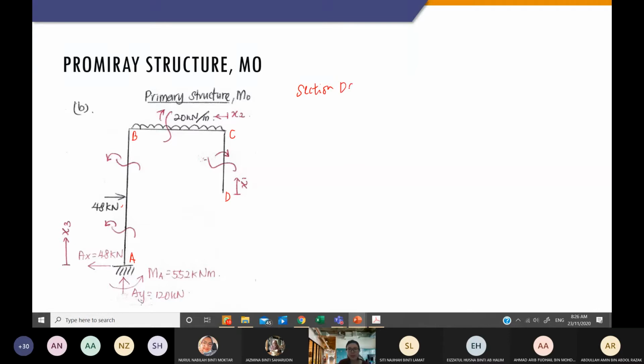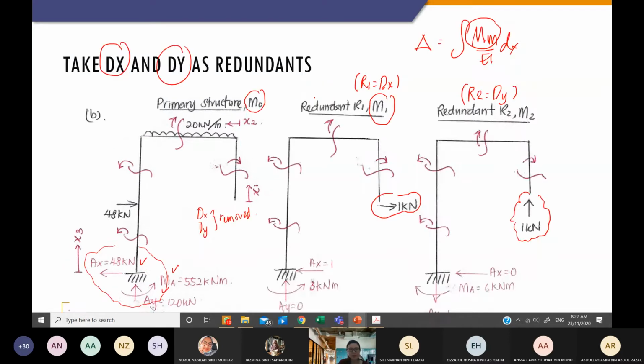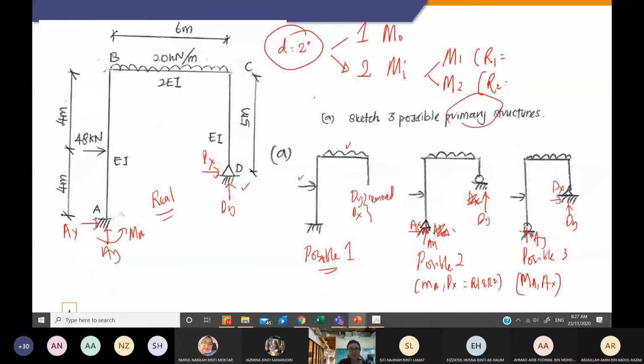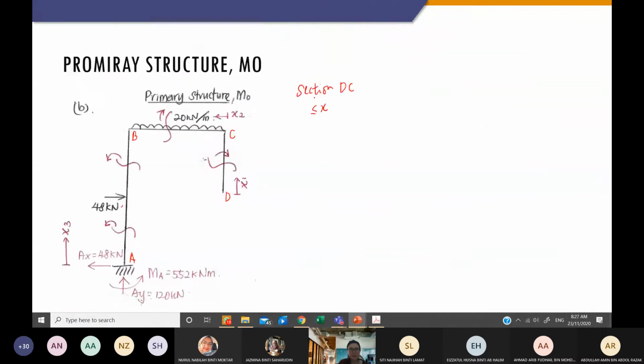Section DC, the length is 5 meter, so it will be from 0 to 5 meter, with my X starting from D. Now I draw D, and this is not C, this is where the cut section is.